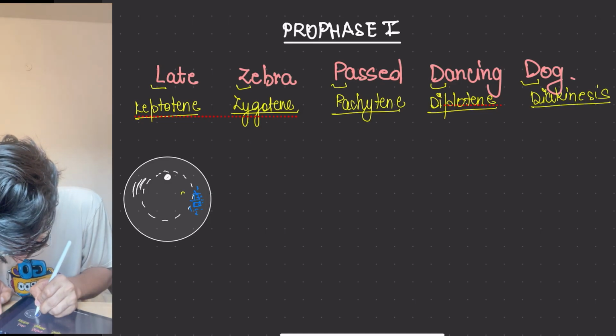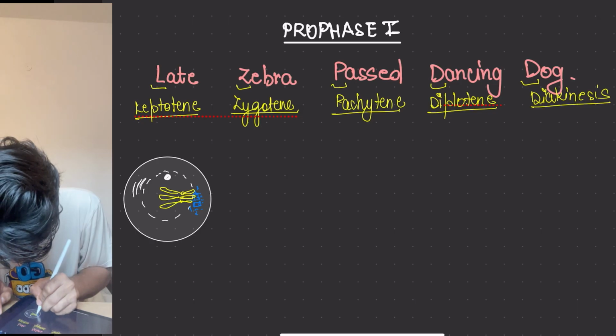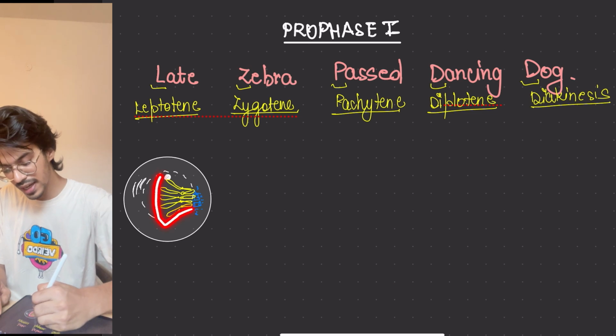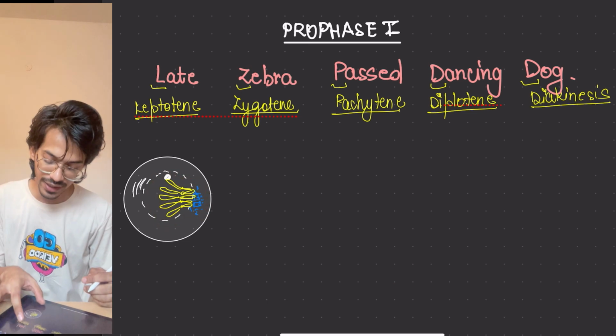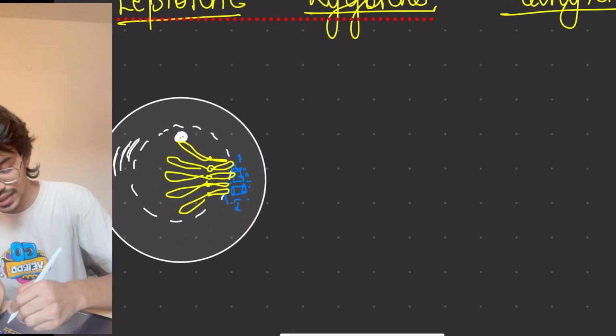Compaction means the chromatin is being changed into chromosomes, this way. Can you see that this whole structure looks like how a bouquet looks? So I am enlarging this.